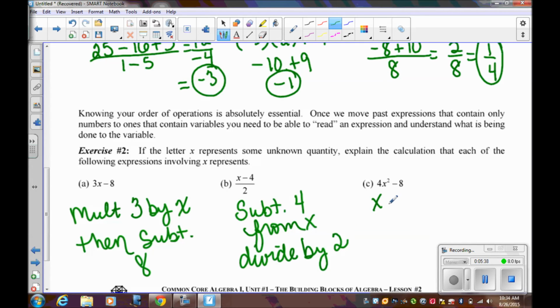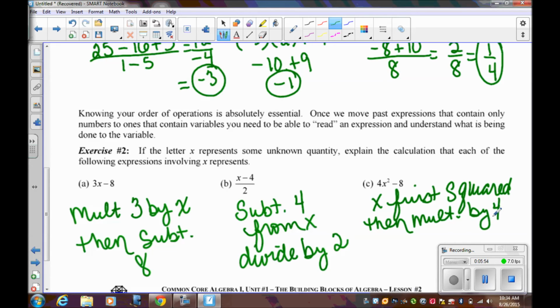We would say X is first squared, okay, or multiplied by itself, then multiplied by 4, and we would subtract 8 from it. Okay, flip the page.